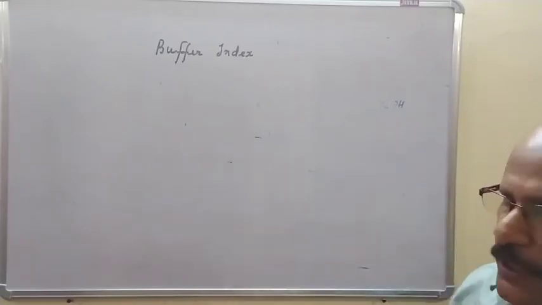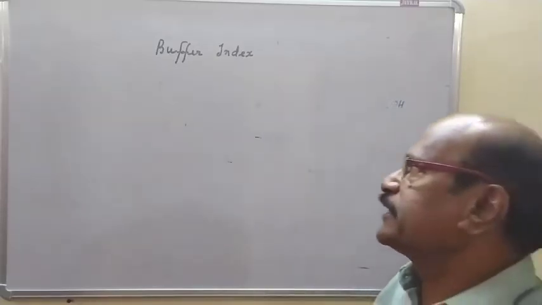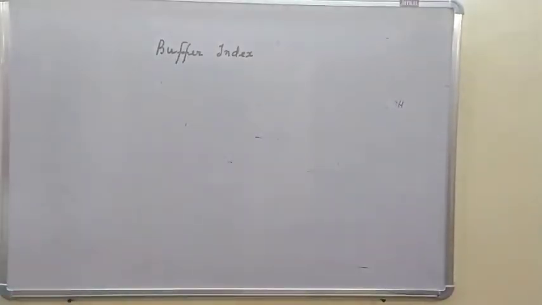And there is an index called the buffer index. The buffer capacity or buffer index of a buffer solution is defined as a differential ratio.